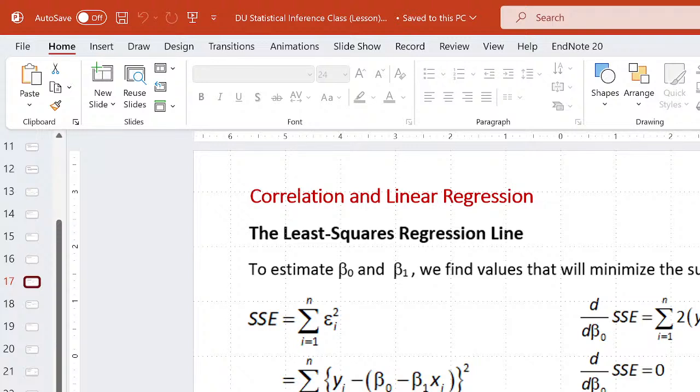Now remember, y equals beta 0 plus beta 1x plus the error. So when I solve for error, I get y1 minus beta 0.